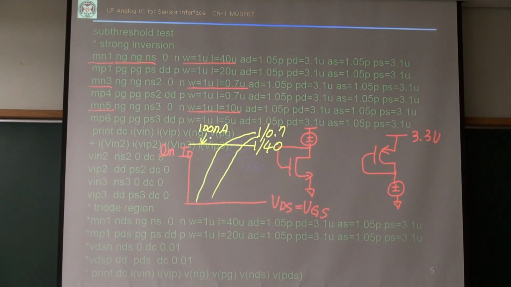I hope it works in strong inversion with 1 by 0.7 and subthreshold weak inversion for 1 by 40. So I want to find out which size transistor works in strong inversion and weak inversion at the drain current of 100 nanoamp. Okay, let's do that.